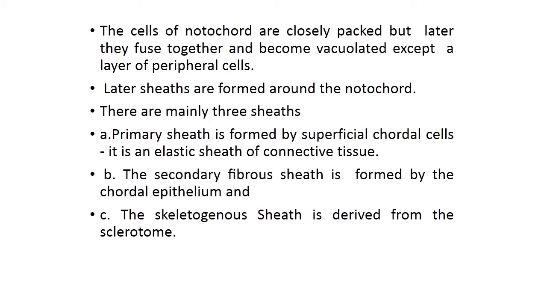The primary sheet is an elastic sheet of connective tissue that supplies it with blood vessels. The secondary fibrous sheet is formed by the chordal epithelium, and the skeletogenous sheet is derived from the sclerotome.